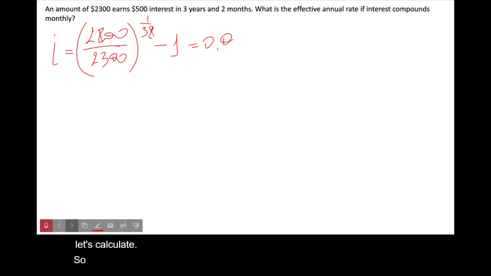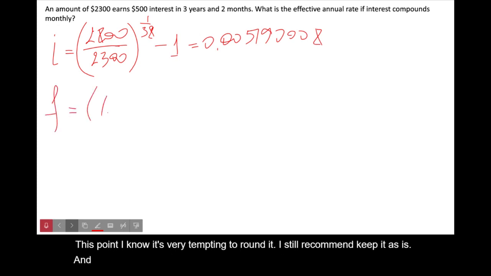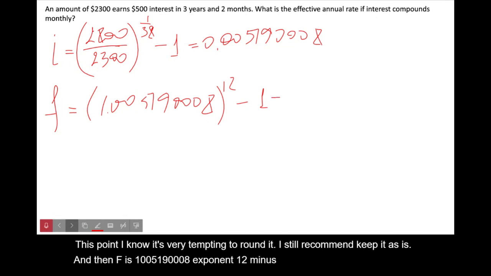So I have 0.00519. At this point, I know it's very tempting to round it. I still recommend keep it as is. And then f is 1.005190008, exponent 12 minus 1.